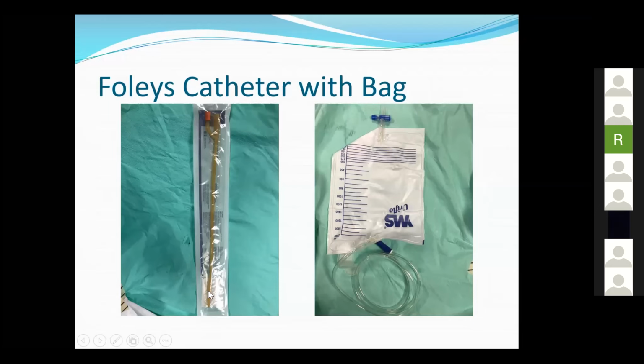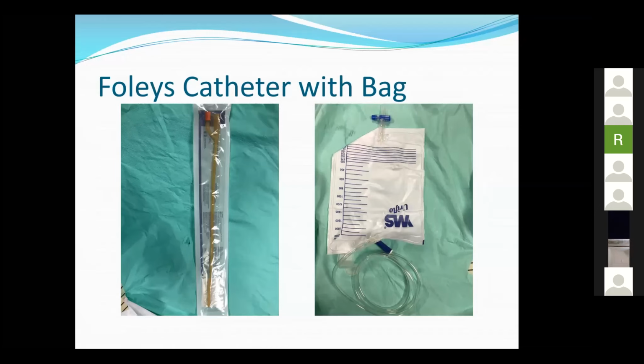So you always fill the balloon with distilled water, and this is the portal, can you see the red thing? We fill it with distilled water and it inflates the balloon there. Every size has a number written on it, what is the maximum capacity.